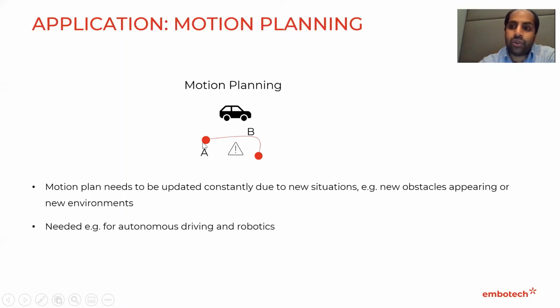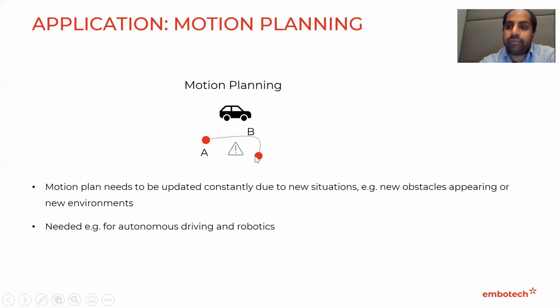The task is to go from A to B, and you have obstacles in the way, and you need to find a motion plan that avoids, for example, the obstacles. In some applications, you have on top the requirement that you want to be as fast as possible. Or in others, you might want to go there with low excitations so that it is comfortable. And you need to find the best way to go from A to B.